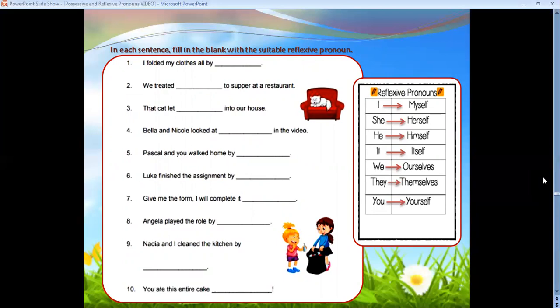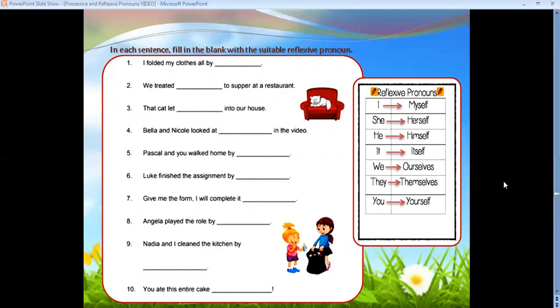I have a box, and I helped you as much as possible by giving you these reflexive pronouns. When I have I, I need to use myself. When I have she, I need to use herself. He, himself. It, itself. We, ourselves, because I'm included, remember? They, themselves. You, yourself, and I still have the plural you, yourselves.